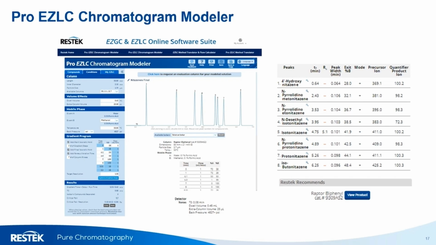With it, we can choose compounds, choose columns and dimensions, and model the chromatography of those analytes on those columns. We can alter the conditions and see how those alterations will affect the overall chromatography. And then we can translate that chromatography to an actual analytical system with a high degree of correlation between the modeled and the actual chromatogram.